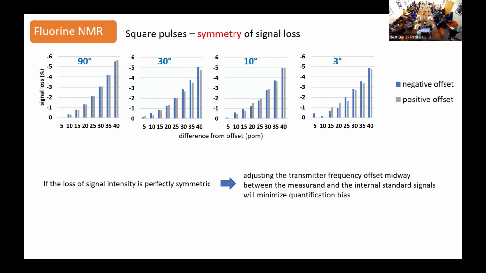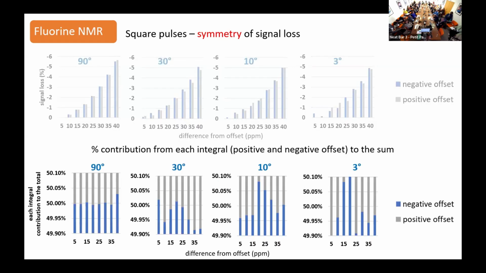The blue is the negative side and the gray is the positive one. I did these plots to make the comparison of these losses easier. If we had the same loss to one side and the other side, then if we put the two signals together, we should have 50-50. This would be the ideal situation to compensate these losses.